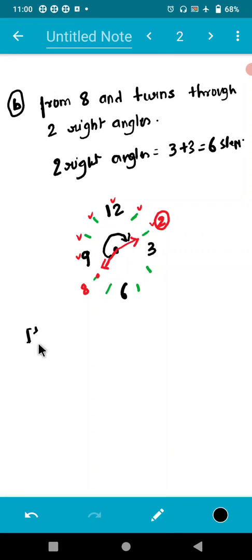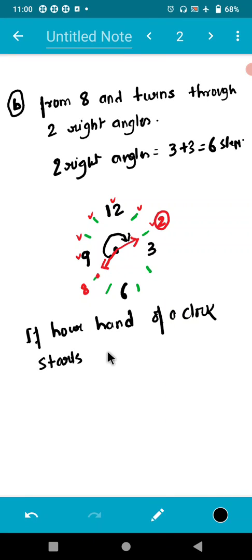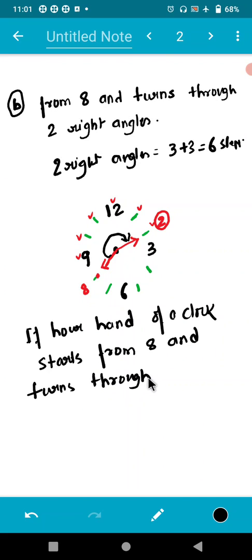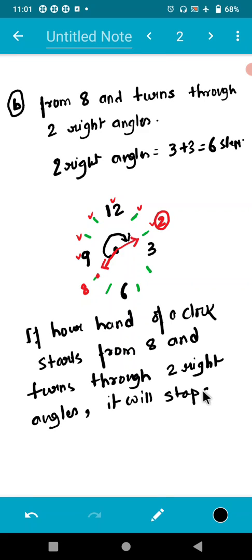So if the hand of a clock starts from 8 and turns through two right angles, it will stop at 2.